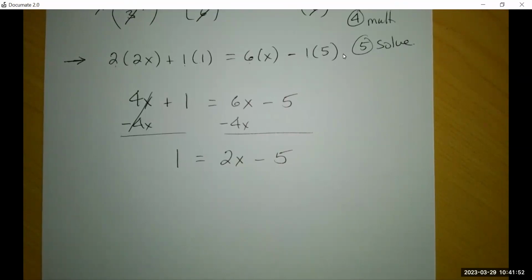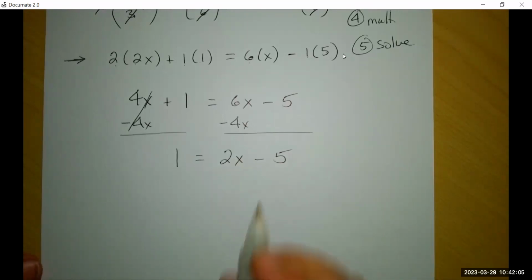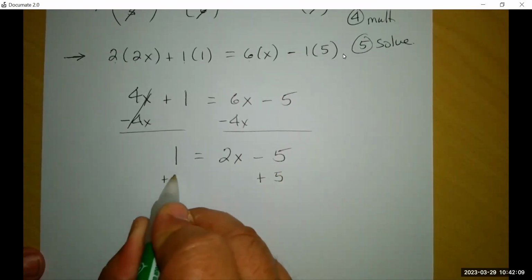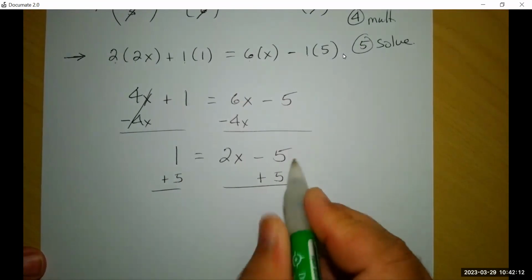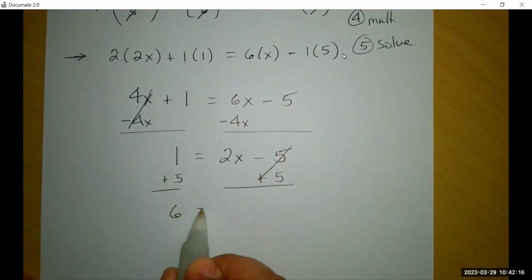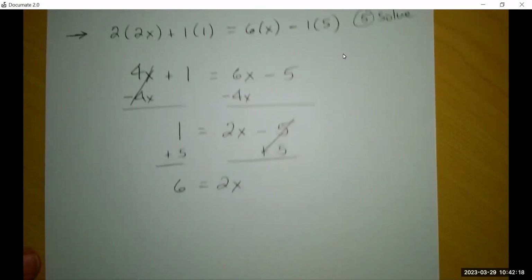Then what? You have to get rid of the non-x. So we add 5 to both sides. One plus 5 is 6 equals 2x.